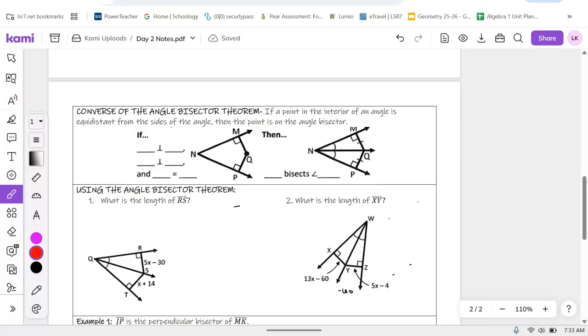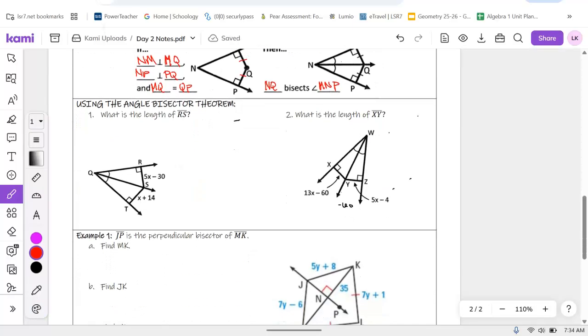So what this is saying is if we're given that NM is perpendicular to MQ, and NP is perpendicular to PQ, and MQ equals QP, then NQ bisects angle MNP.